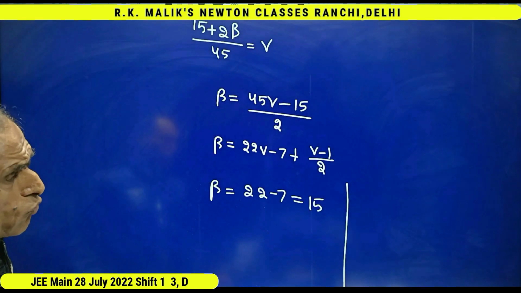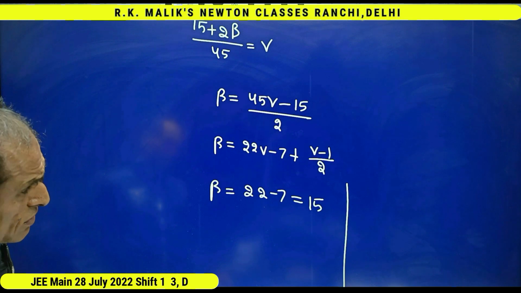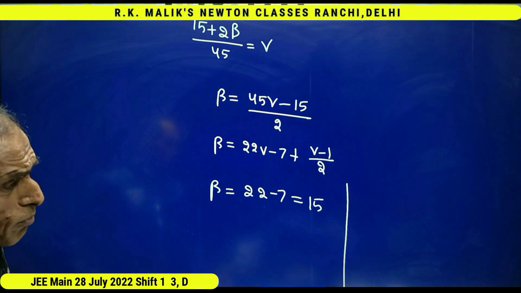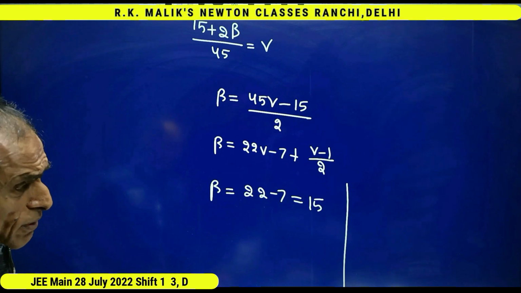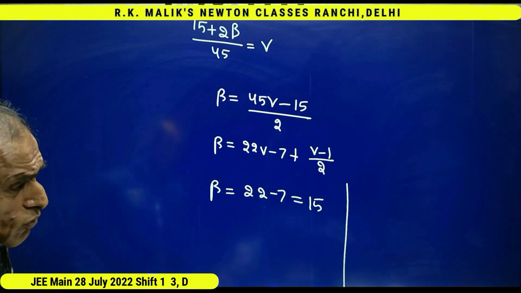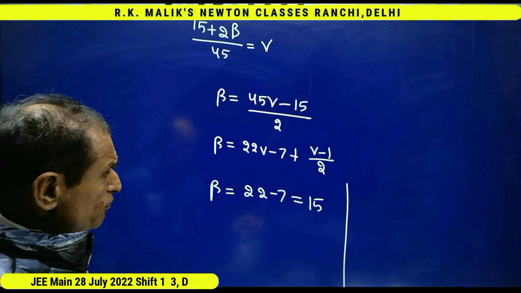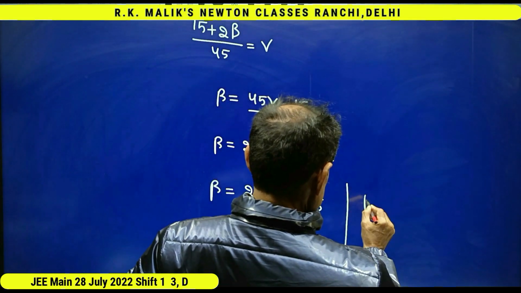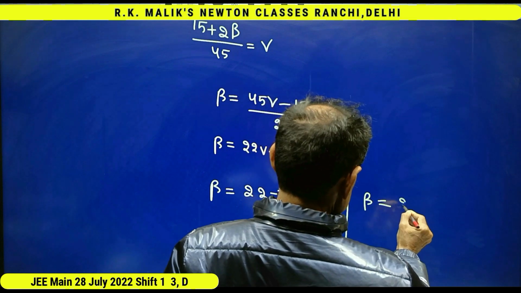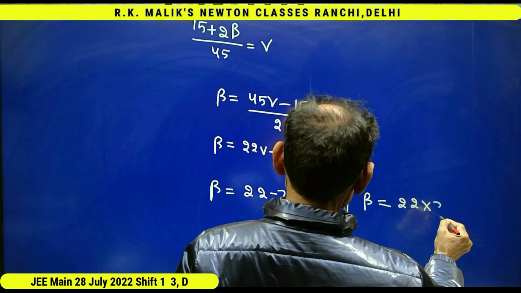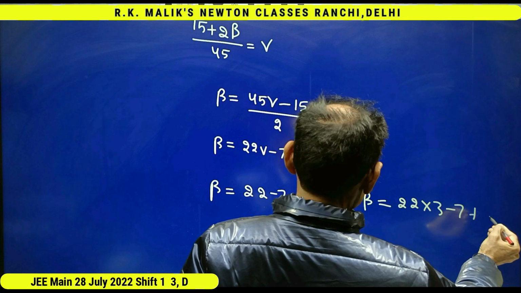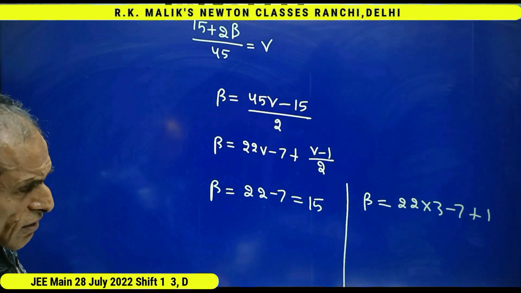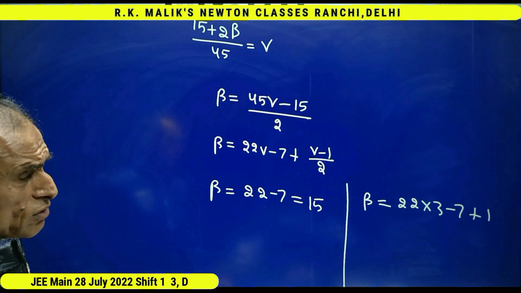Yes, I could take the value of gamma as 3 also. That's not a problem. But the solutions you will be getting will be only seemingly different, not actually different. See, for example, if I take gamma equal to 3, beta equal to 22 into 3 minus 7 plus 1. Agreed, it is not good to take gamma equal to 3.